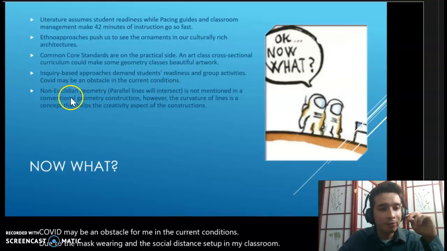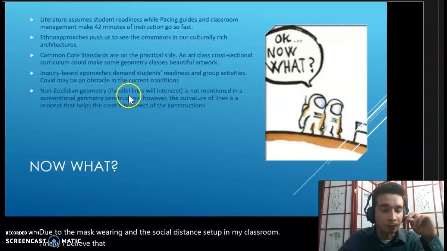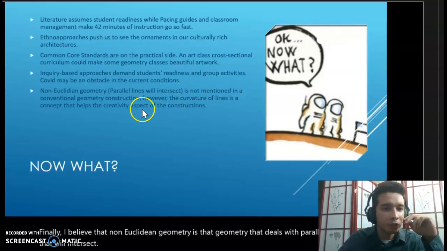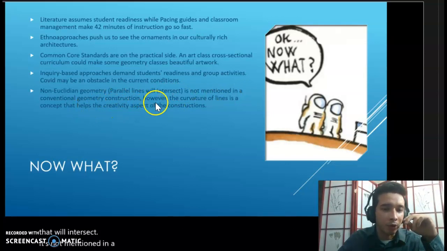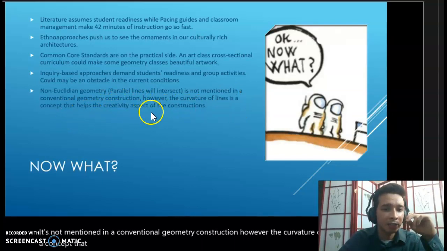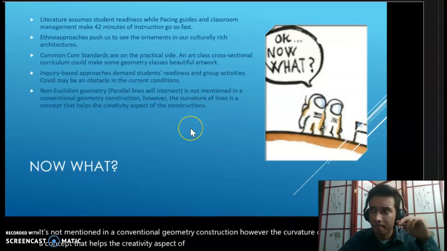Finally, I believe that non-Euclidean geometry, yes, that geometry that deals with parallel lines that will intersect, is not mentioned in a conventional geometry construction. However, the curvature of lines is a concept that helps the creativity aspect of the construction.